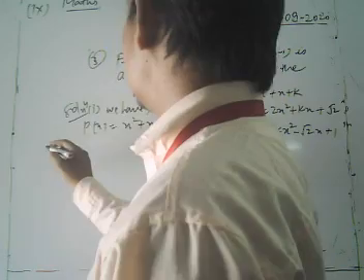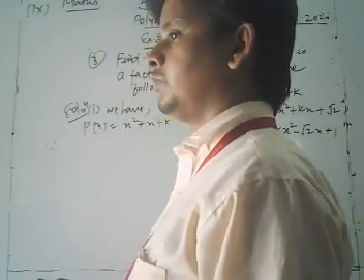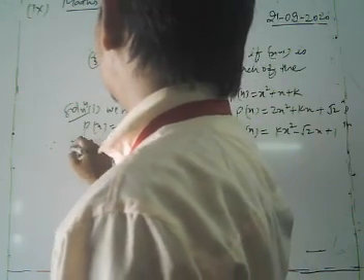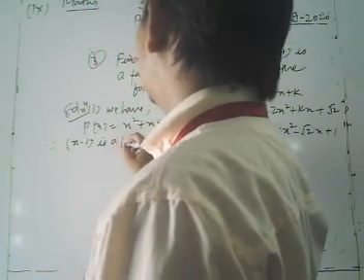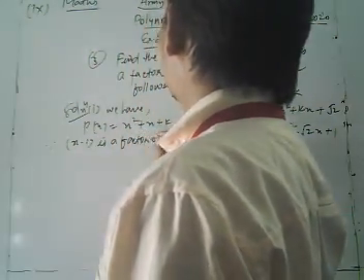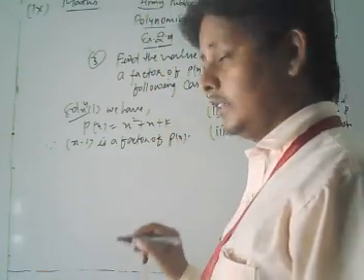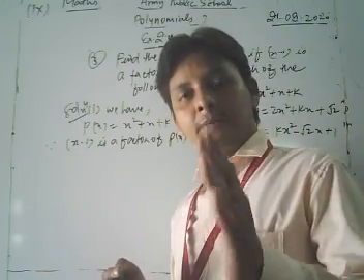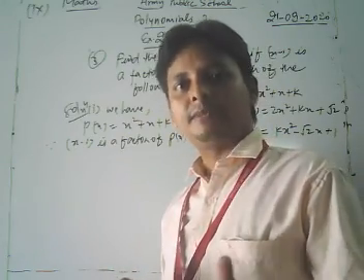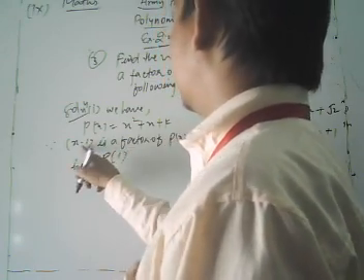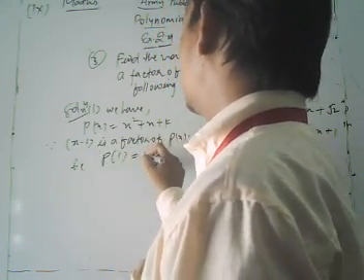So since x minus 1 is a factor of p(x), its remainder must be equal to 0 by the help of the factor theorem. That is, x minus 1, so x equal to 1, p of 1 must be equal to 0.